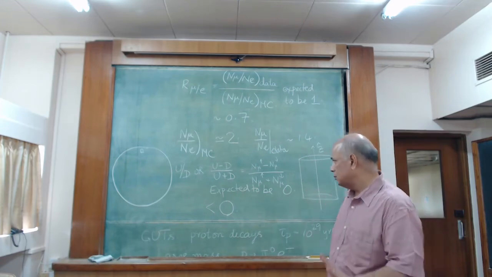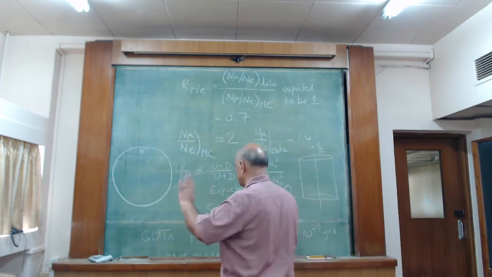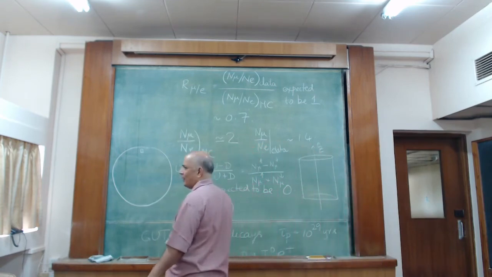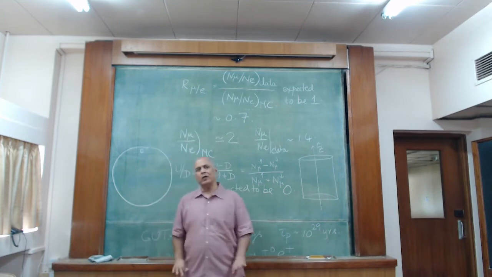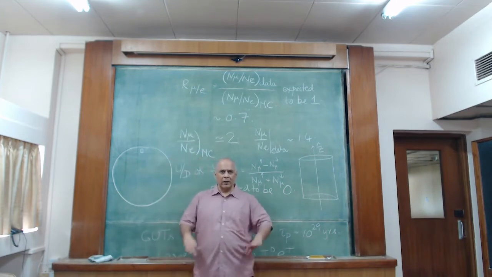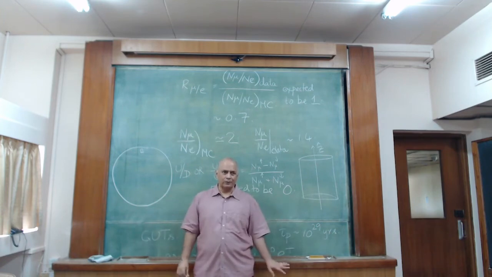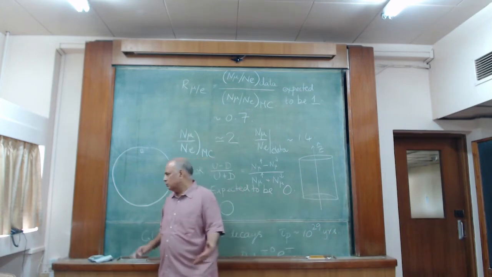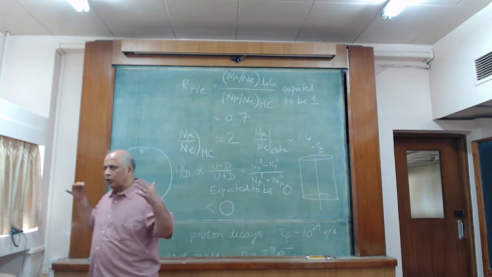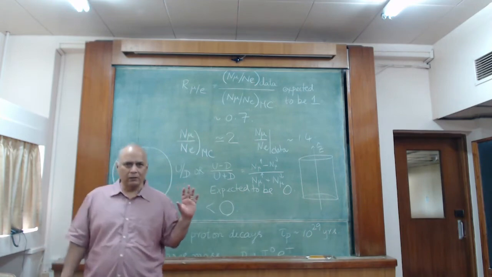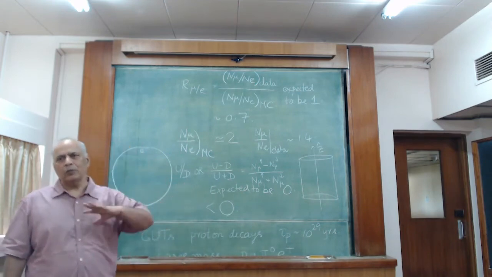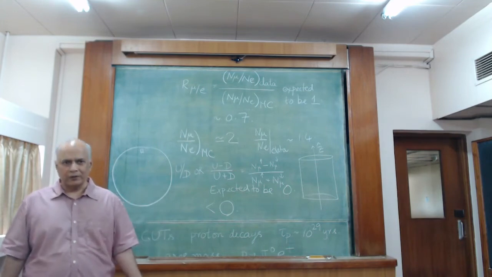So you expect some effect due to Earth's magnetic field, but that is only at lower energies. At higher energies, that effect is quite small. So, modulo Earth's magnetic field, you expect isotropic neutrino flux.